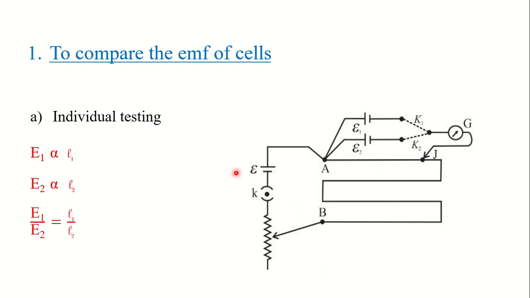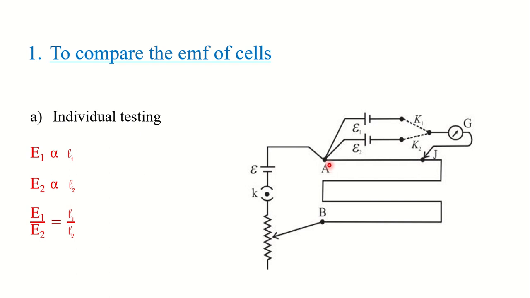The first use, as we have seen, is to compare the EMF of two cells. Now we will try to understand how to compare the EMF of two cells with the help of a potentiometer, following the first method, the individual testing method. The circuit diagram is shown in the diagram.